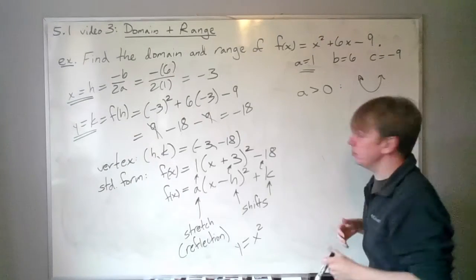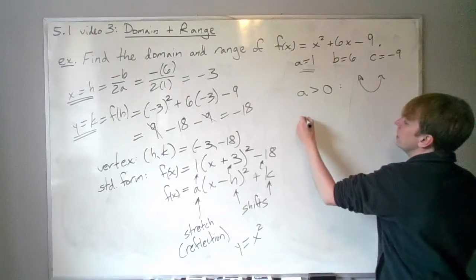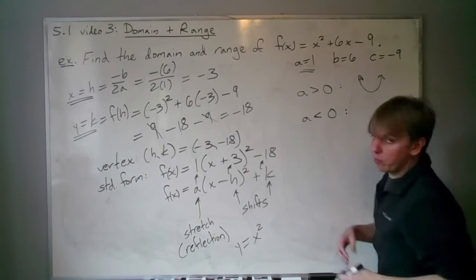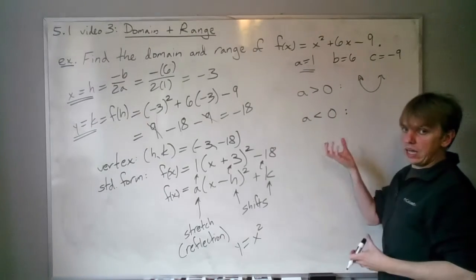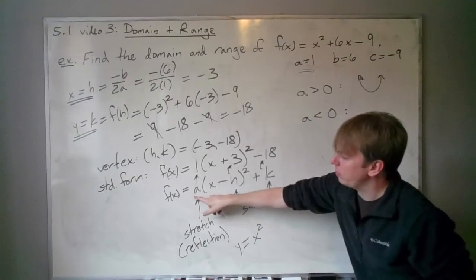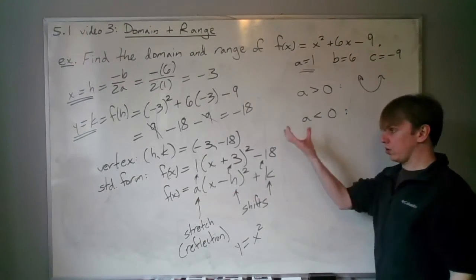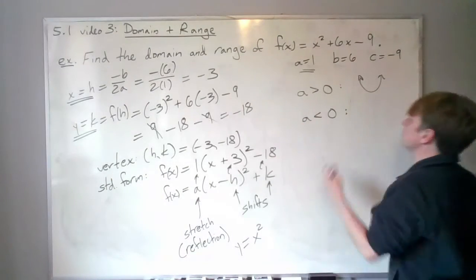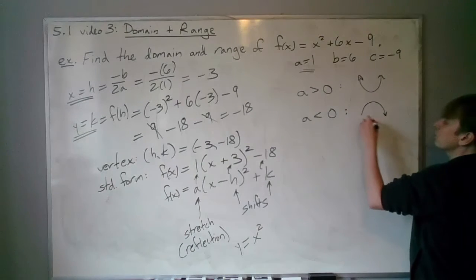I don't know how steep it's going to be. If a is a negative number, then again, maybe there's some amount of stretch, but at some point we also have a vertical reflection, a negative number multiplied on the outside. And so a vertical reflection of a parabola would end up looking like a parabola facing downwards.